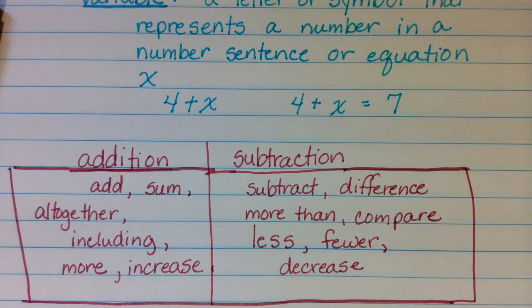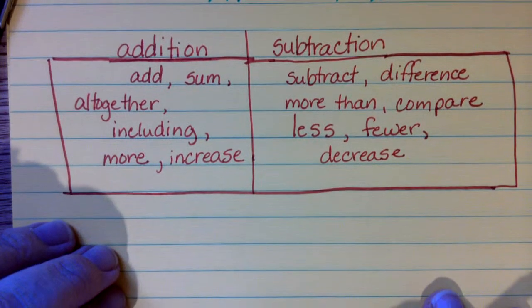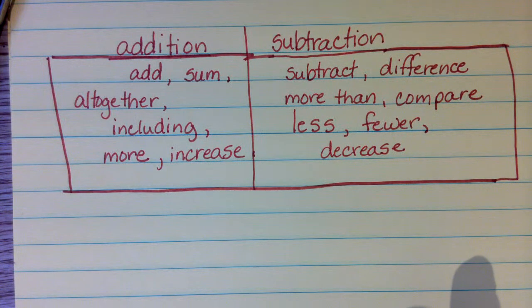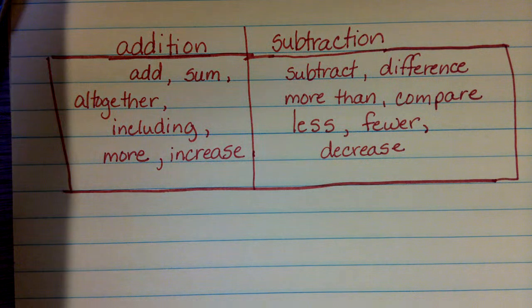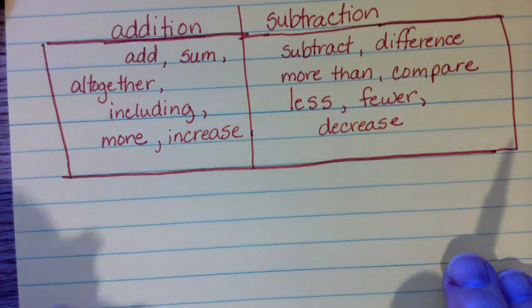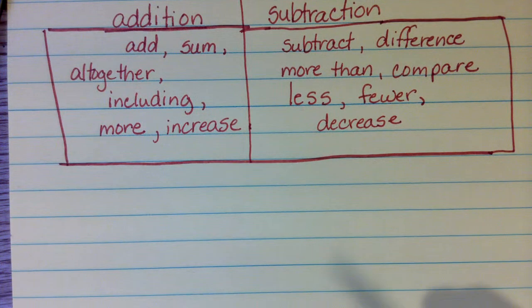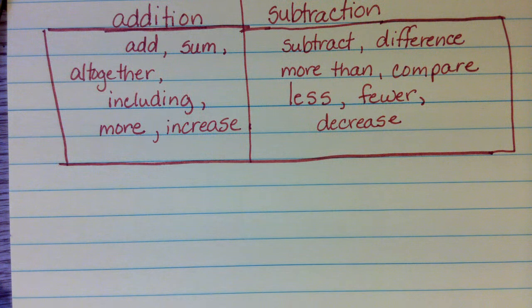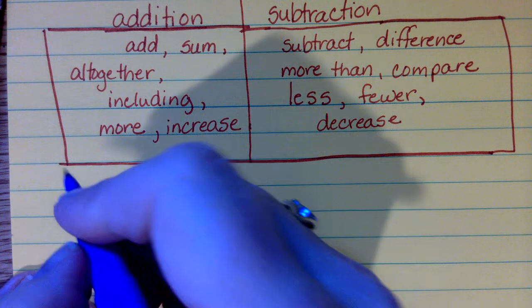So let's look at height of children. Okay, so in my house, there's Mr. Cito, and Mr. Cito is 5 foot 8 inches tall.